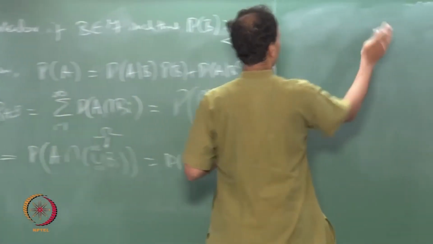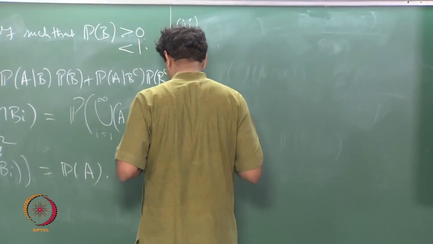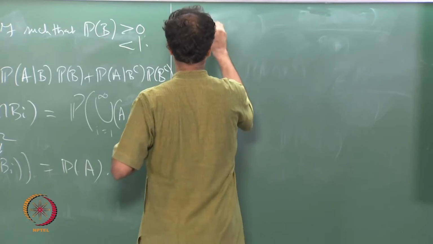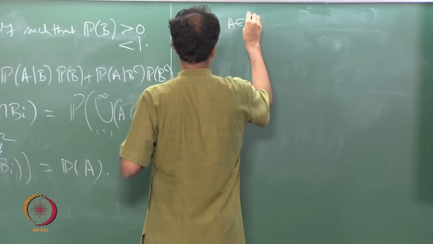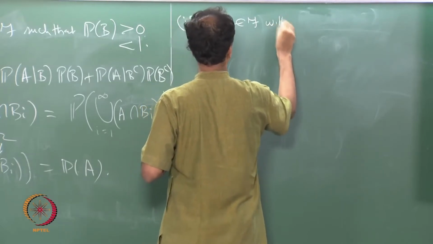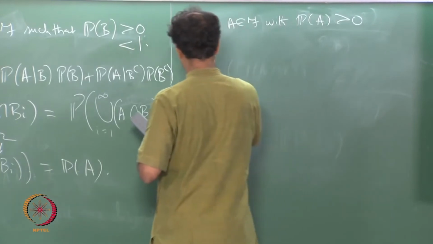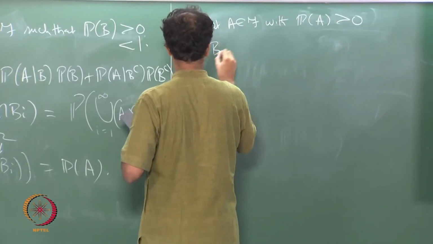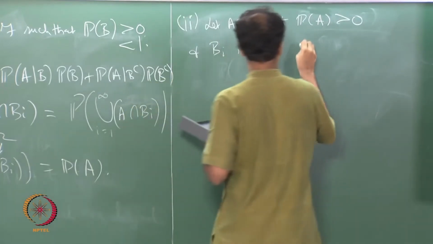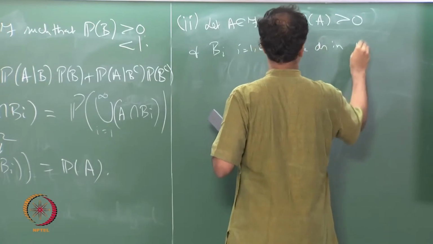Property number 2, let A belong to F with probability of A greater than 0 and B_i, i equals 1, 2, dot dot dot, B_i as in 1.